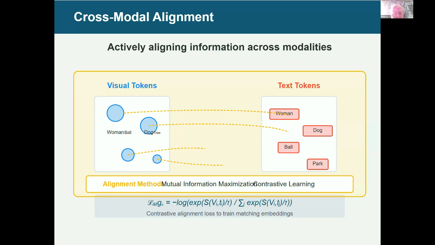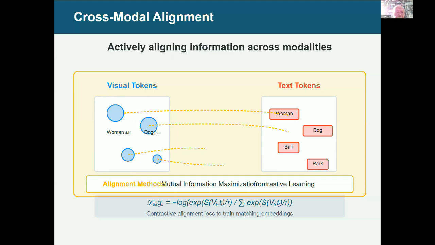This creates explicit connections between related elements, like linking the word dog with the visual representation of a dog in the image. This alignment mechanism operates at multiple levels of the hierarchy, allowing for rich cross-modal associations. Together, these three components create a framework that much more closely resembles human information processing.